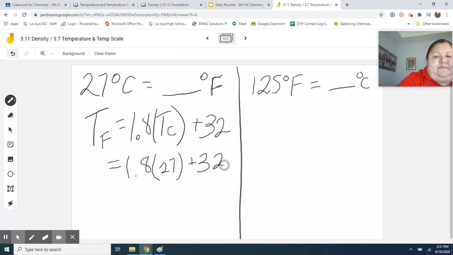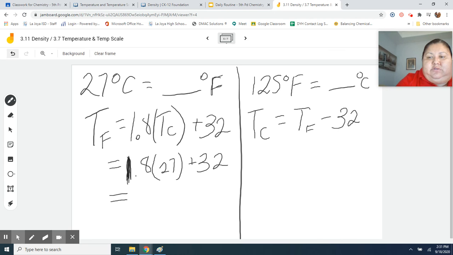Plus 32, okay? And that's supposed to be a 1.8, okay? I'll come back to that. Let's set up the next one. If my question is to solve for Celsius, I'm going to take my temperature in Fahrenheit, subtract 32, then divide it by 1.8.